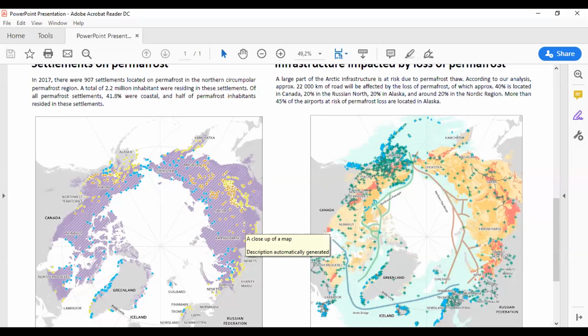Well, it's mostly related to migration of people. There are lots of very small settlements in the Arctic, and there have already been in the past a lot of settlements that have closed down, a lot in Greenland, but also in Russia.